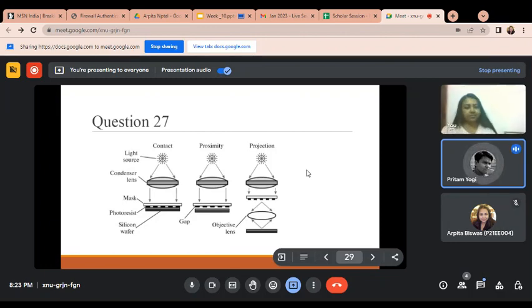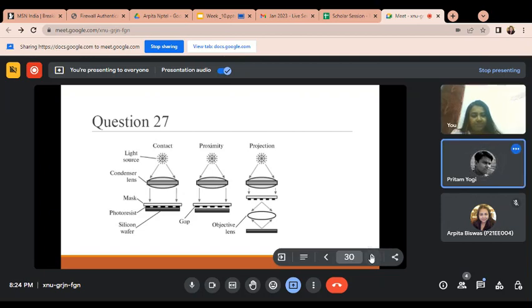And in contact we put a mask and wafer together in contact. And what is the need of this lens in between the mask and the wafer? To create, I think, the smallest focusing area on the wafer. It also decreases the feature size, I think.